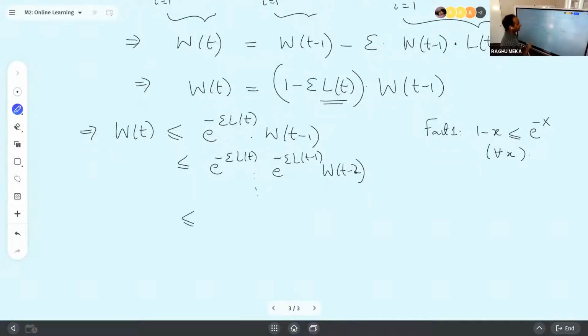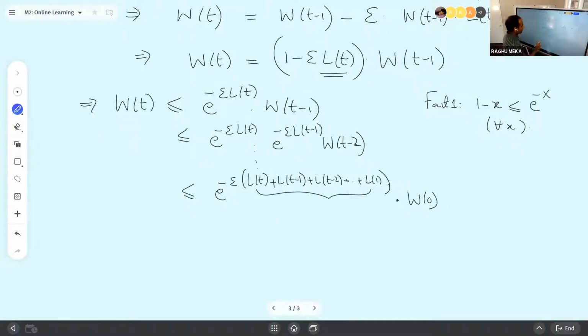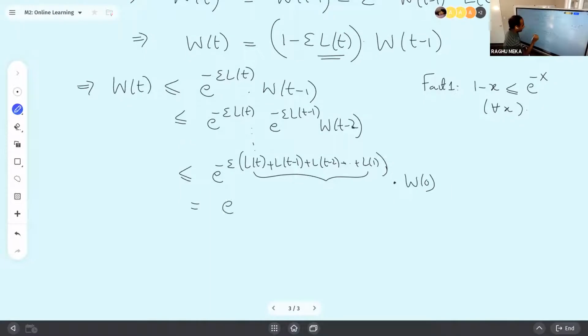And the nice thing with exponentials is that multiplying them is basically adding things in the exponent. Okay. So this is very cool. So now this total sum of these expected losses is exactly the loss of our algorithm that we're interested in, right?